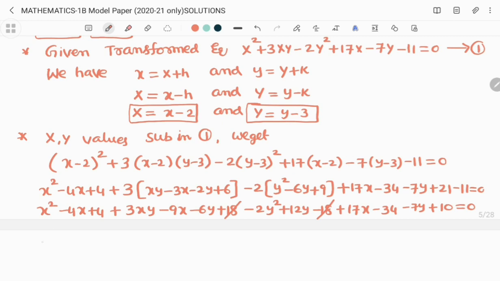Write first x square, after that xy term. So x square plus 3xy. Next y square, so minus 2y square. Minus 4x minus 9x and plus 17x is there, so directly we can write as plus 4x.